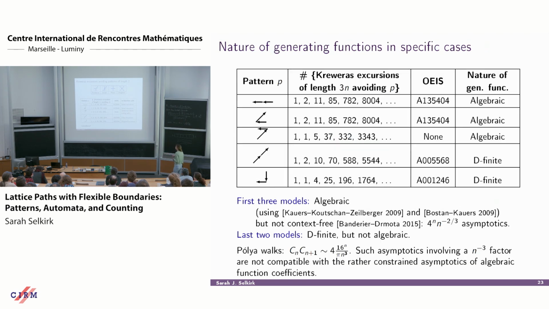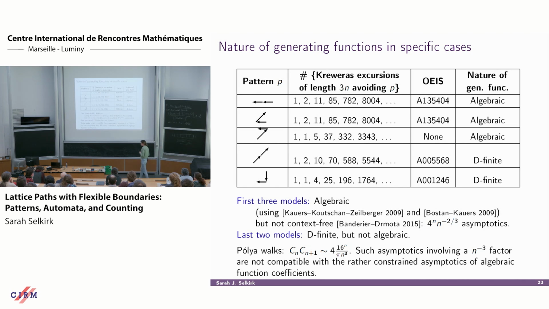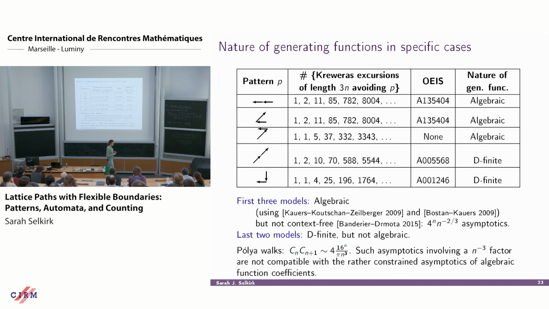Okay, so now we think about the nature of generating functions. As we discussed previously, if you have a deterministic finite automaton, you get a rational generating function, that was for unconstrained walks. For the pushdown automata with the constrained non-negative walks, we end up with algebraic generating functions.